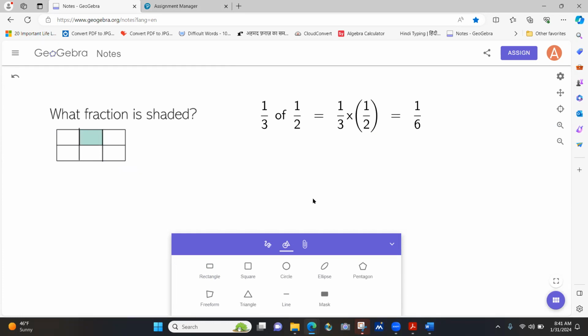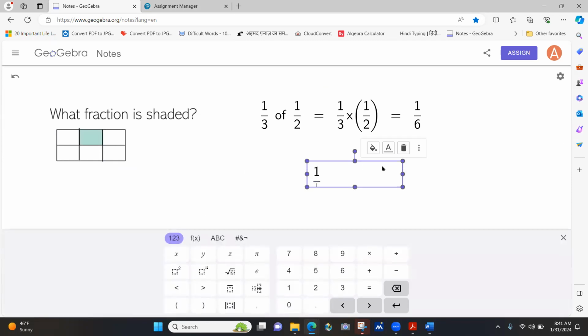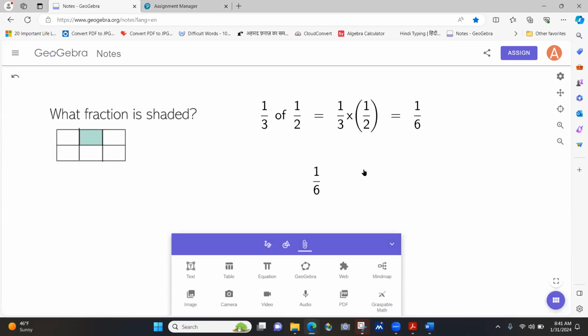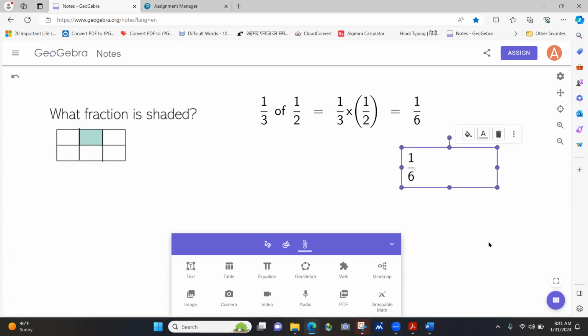Now I can clearly see that the parts the rectangle is split into are all equal. And now I can say the answer is clearly 1/6. So you can choose to cut the shape into an equal number of parts and then see how many of them are shaded, or you can use this technique. Okay, either way. All right, moving on to the next problem.